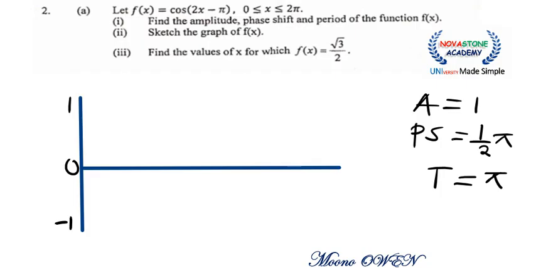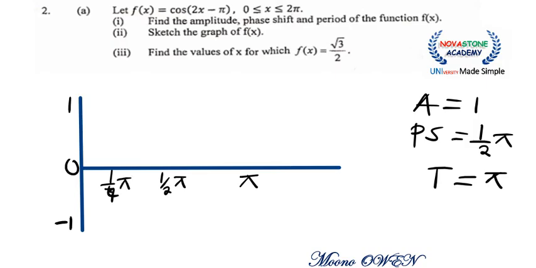Now let's put the period. We are saying the period is supposed to end in terms of pi. So in this case, if I'm going to put my pi there, okay, then half of pi, I'm going to have half pi. Okay, the half of this, I'm going to have quarter pi.